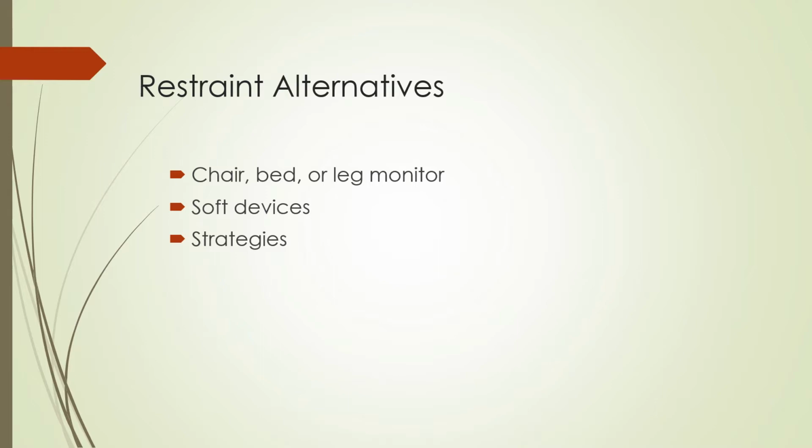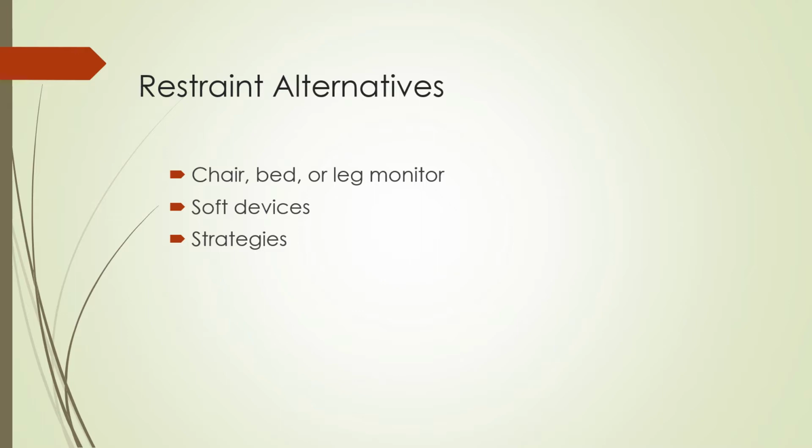Now let's talk about restraints. Okay, so bed and chair or leg monitor can be used. So these are restraint alternatives. So we can use the alarms or the monitors, so that I've even used baby monitors so we can hear the patient moving around in the room. We can use soft devices, and we can use strategies such as rotating people in to watch the patient.